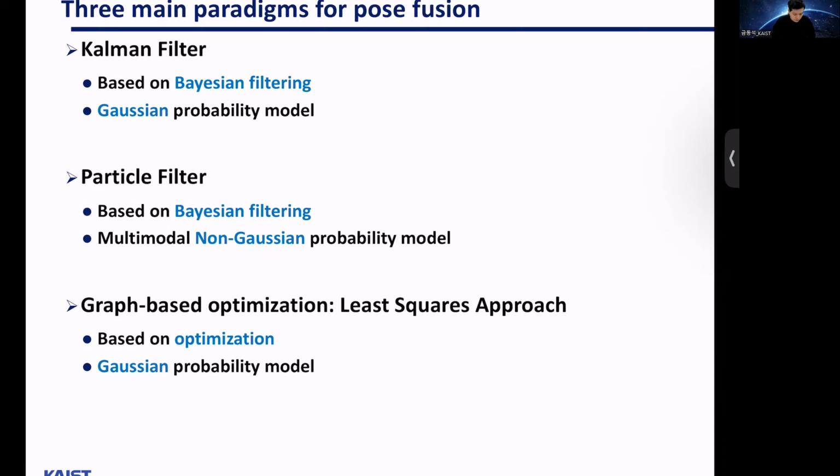Let's move to the third method, which is graph-based optimization. The graph-based optimization uses a Gaussian assumption, but the problem formulation can be more general. So let's take a look at these three approaches.